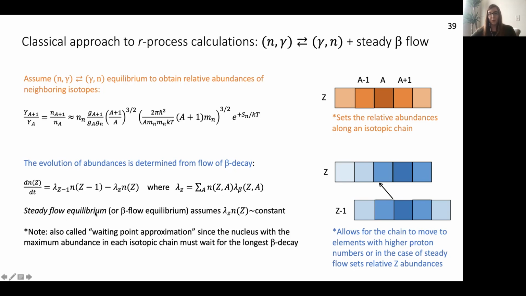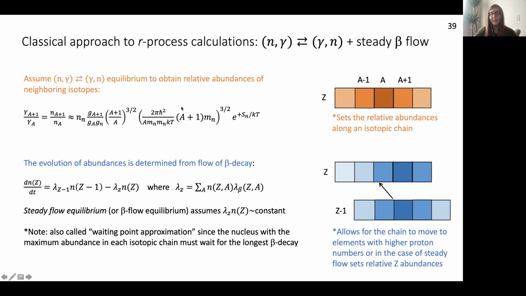Now, steady flow equilibrium or beta flow equilibrium is when you assume that these are constant and you assume that dN_Z/dt is 0, okay? So you could either have this piece, if you assume that it's not constant, tell you how the chain moves.